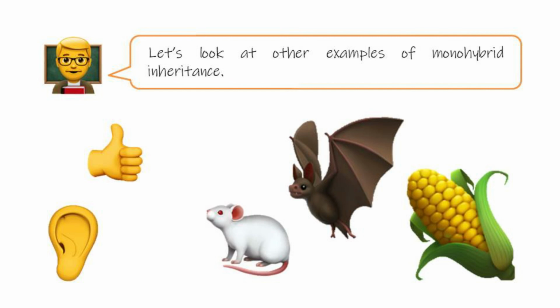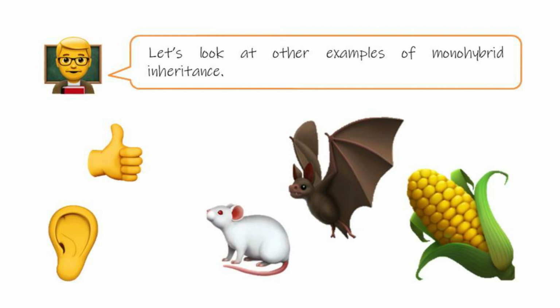Besides garden pea plants, many other organisms have characteristics controlled by a single pair of alleles. For example, the color of grains in a cob of corn, length of wings and body color of fruit flies, and coat color of mice. Not only so, normal ears versus short ears in mice are also one of the most common examples when we are looking at monohybrid inheritance.